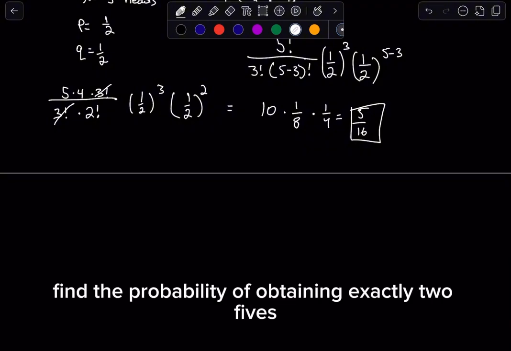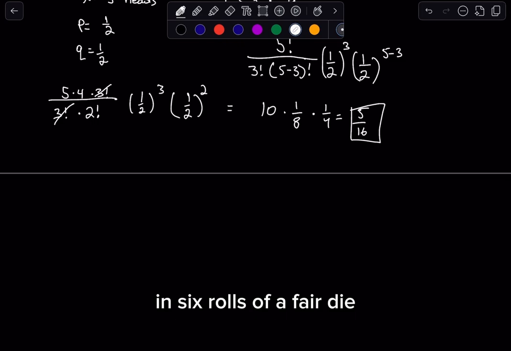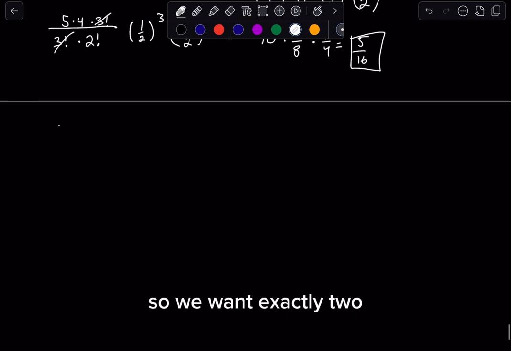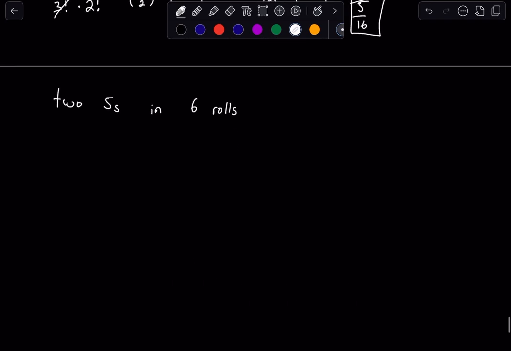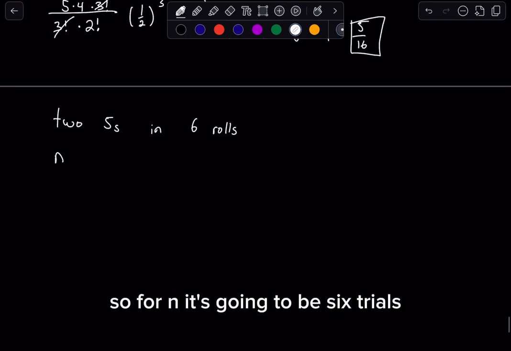Let's do another example. Find the probability of obtaining exactly 2 5s in 6 rolls of a fair die. So we want exactly 2 5s in 6 rolls of a fair die. For our n, it's going to be 6 trials.